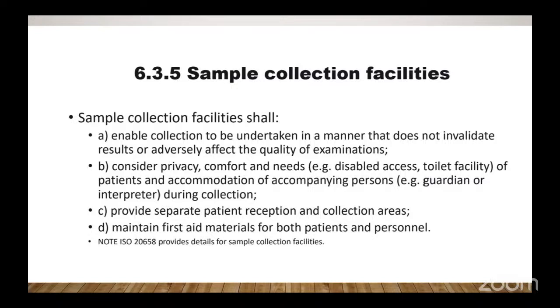Consider privacy, comfort, and need, for example, disabled access where you could roll a wheelchair, toilet facilities, and accommodation for patients and those accompanying the patient to the lab, such as guardians and interpreters during collection. You should have space that accommodates such.